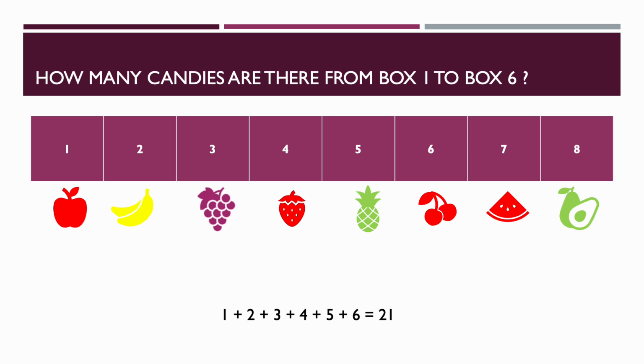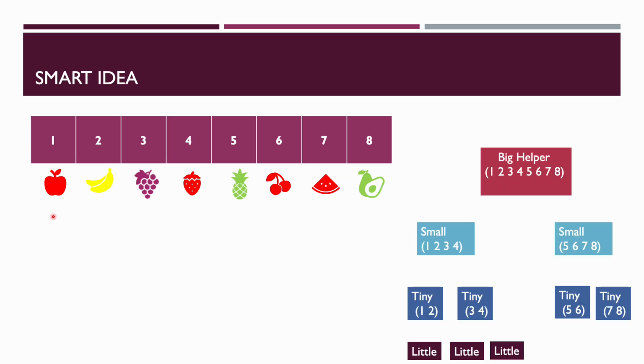So we come up with a smart idea. Let's talk about what the smart idea is. Let's say we have some helpers, and those helpers already have some in-between ranges. For example, let's say this helper has the sum of the first 2 elements.